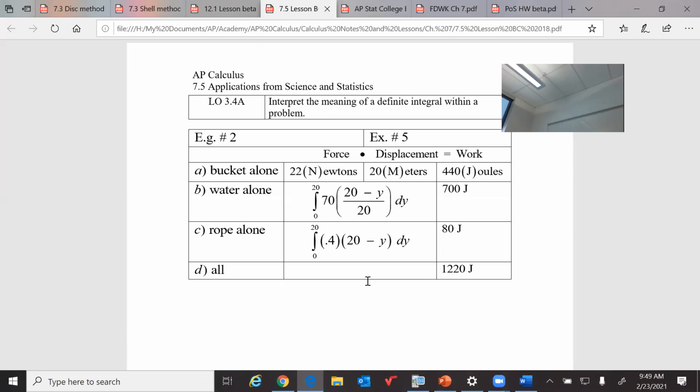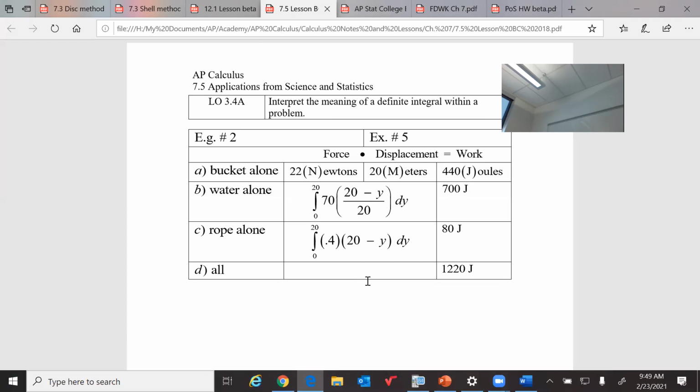That'd be 70. When the height is 20 at the top, you'd have 0 in the numerator because the bucket is leaking. And there wouldn't be any water left in it when you got to the top. So multiplying by this factor out here accounts for the bucket leaking. And if you did this, dy, which we're not going to, you can do it on your home screen, you would get that much work.